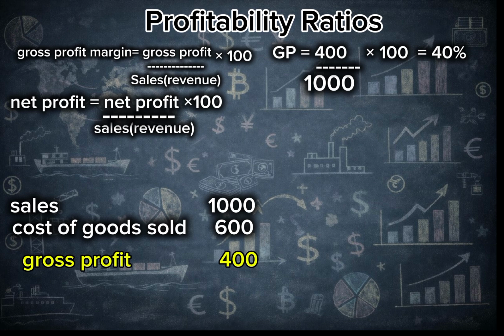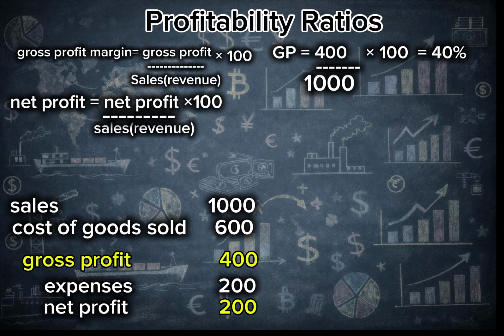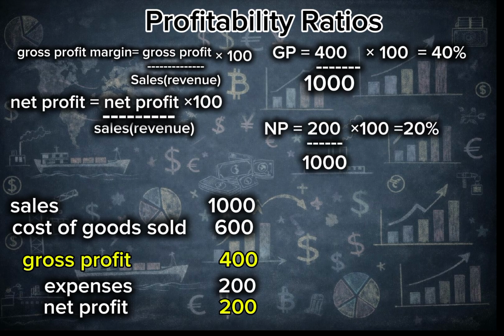We incurred total expenses of 200 naira, which means our net profit is what? Also 200 naira. Therefore, to calculate our net profit margin, we would say net profit 200 naira over total sales 1,000 times 100, and that will give you a net profit margin of what? 20%.